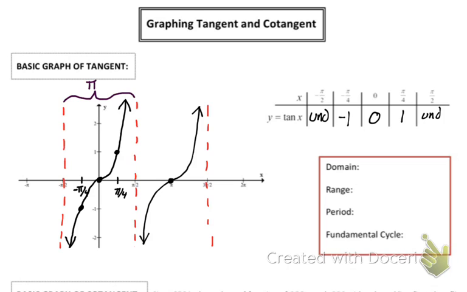What was the period of our sine curve, and our cosine curve, and our secant, and our cosecant? Yeah, it was 2 pi. So like I said, this is a brand new beast. It is now pi versus the 2 pi. So kind of forget what you know about sine and cosine. This period is pi. So I'm going to go over here and fill in my period right away. It is pi units.